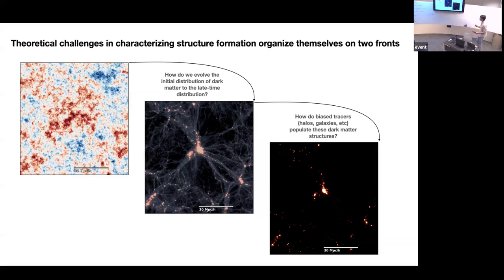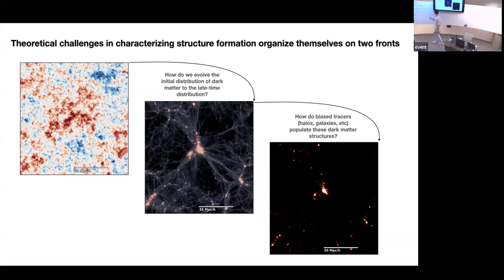It turns out in cosmology this is pretty simple to write down. Everyone who's taken physics 1 can do this. The dynamics of a Lagrangian particle, of a dark matter element, of a fluid element, are just given by Newton's second law.